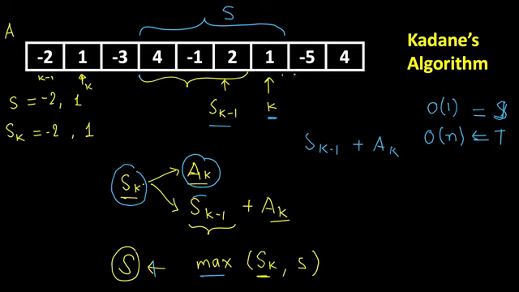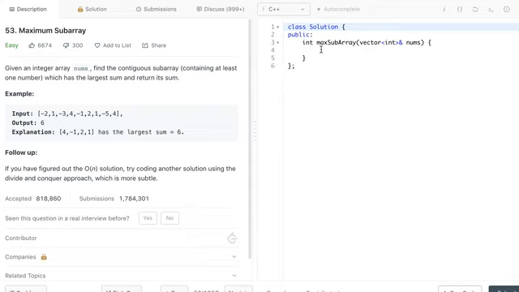So let's write code for this in LeetCode. If there is no element in this list, if it's an empty array, return 0.